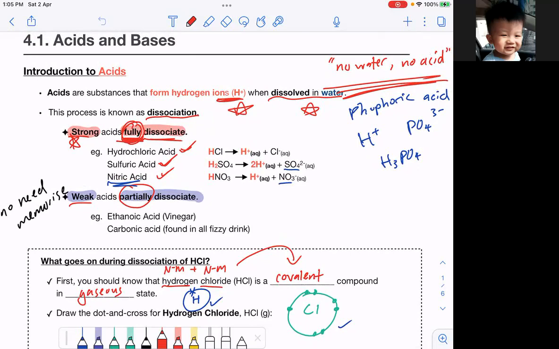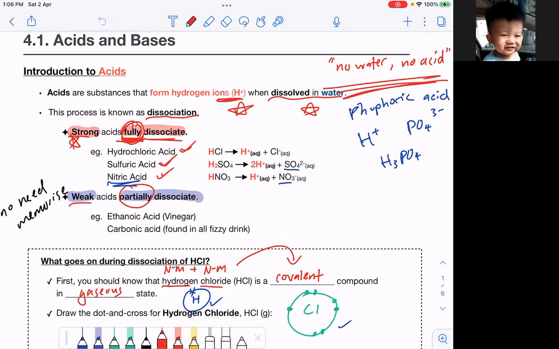What is the meaning of strong acid? If you think about it, strong means you're not weak. What is the meaning of weak acid versus strong acid? Okay, Xianghui typed in the group: it is fully dissociated. Okay? Fully dissociated. So strong acids will fully dissociate, and in other words, weak acids will partially dissociate.